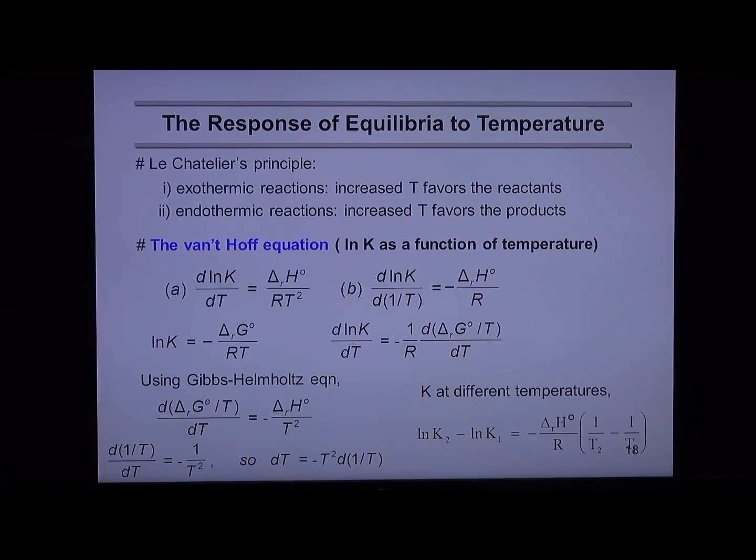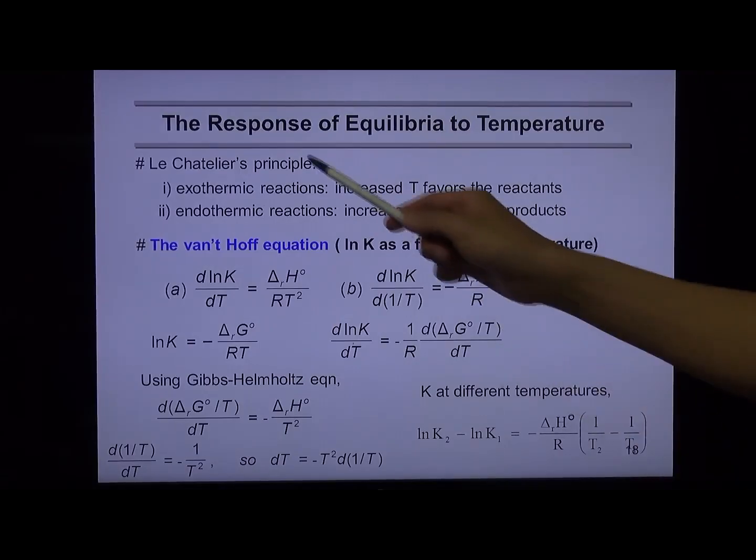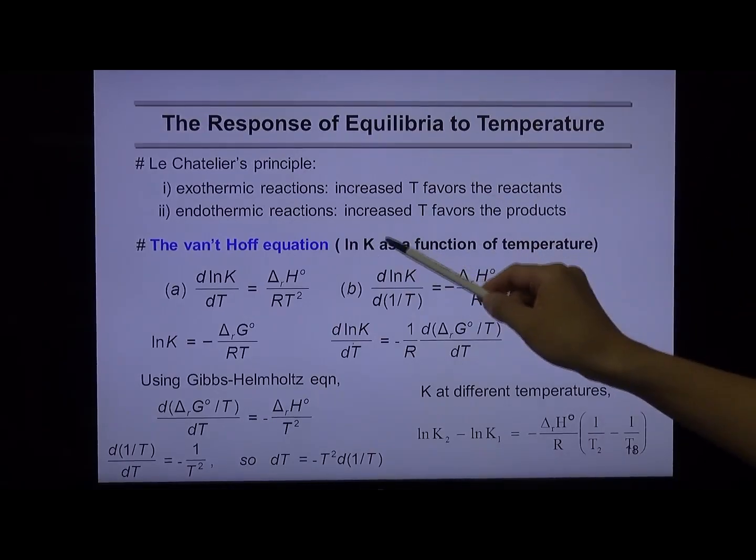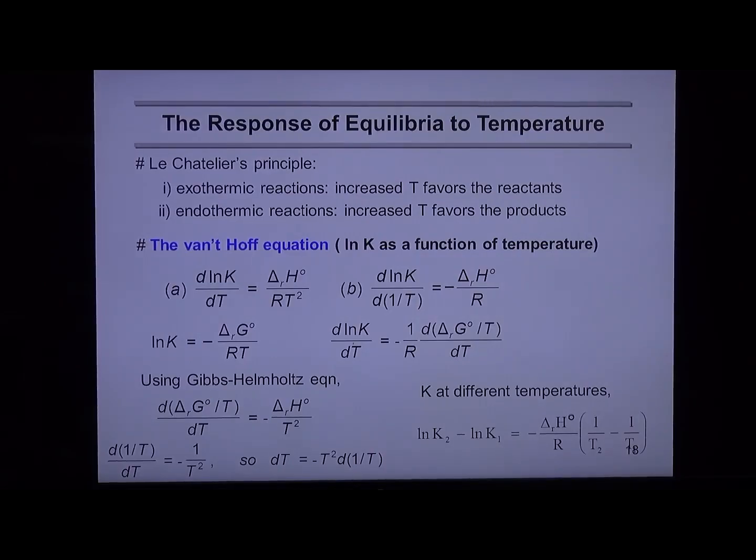Next is the response of equilibria to temperature. Same Le Chatelier principle applies. But the important thing is, when temperature changes, the equilibrium constant also changes, right? Before that, according to Le Chatelier principle, let's see what happens.